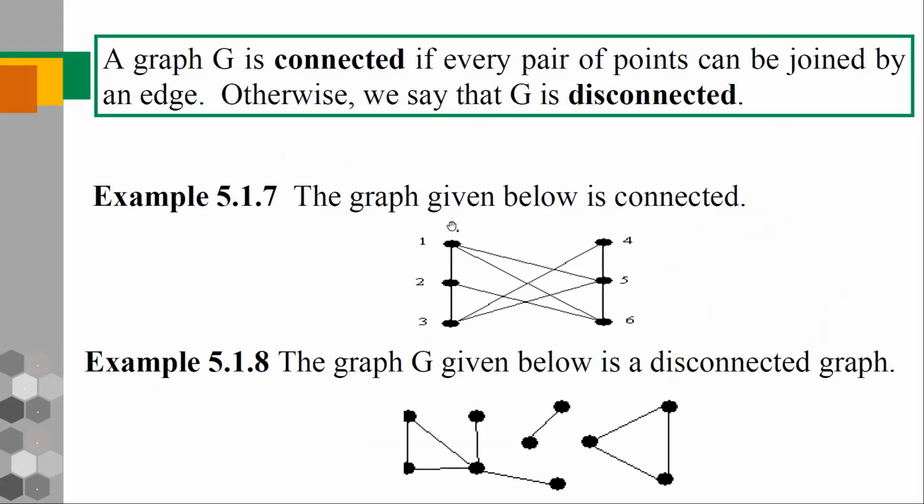In other words, connected means there is no break. The definition says that if you start from one vertex, you can locate the other vertices, joined by an edge. For example, from 1 you can reach 2 by passing here, and reach 3 by passing here. 4 can be reached through 5, and 5 is directly reachable. 6 is also directly reachable. So wherever you go, you can get there because there are connections. So there is no break.